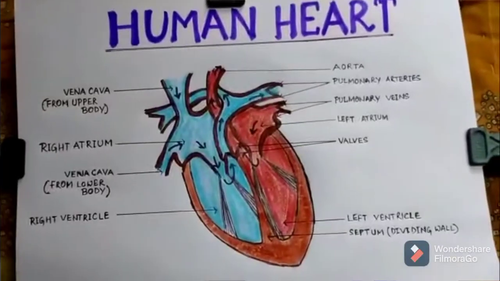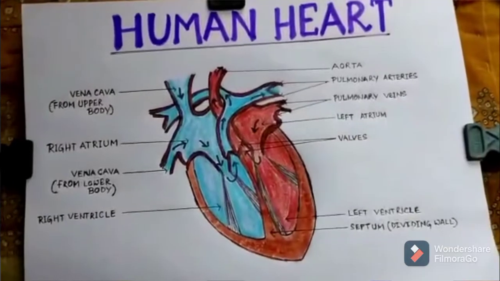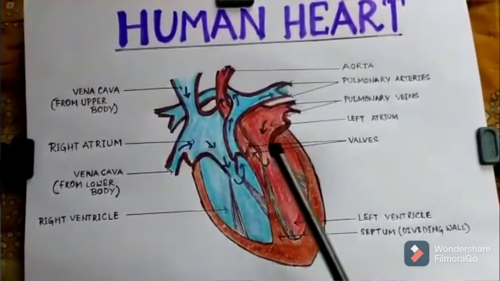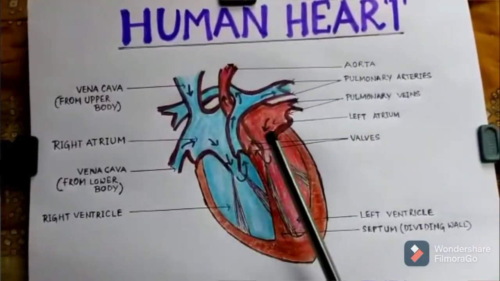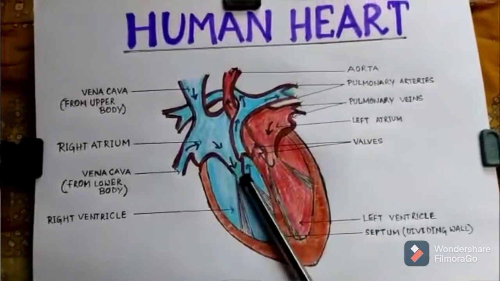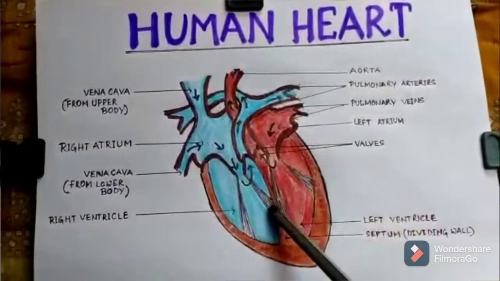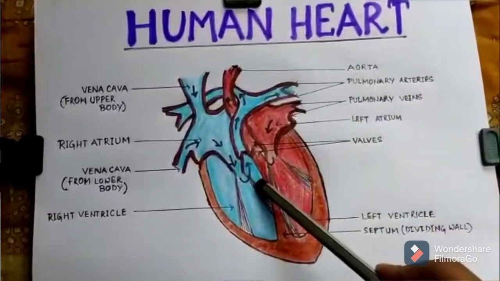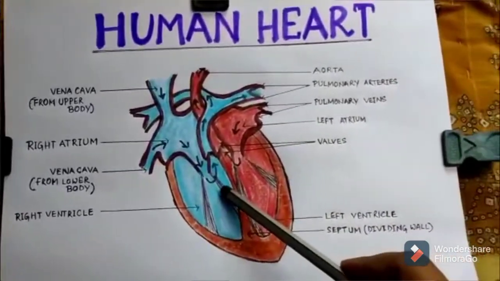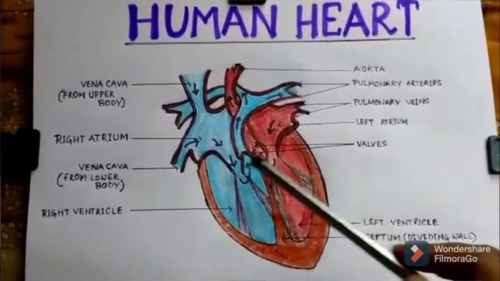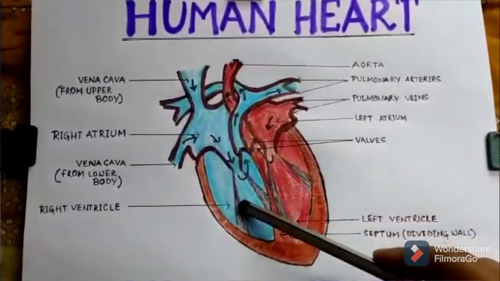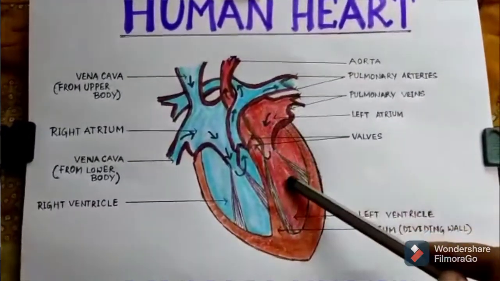Now let me explain the double circulation. Double means twice. Circulation means what will circulate or flow? The blood. Since the blood comes twice to the heart, it is known as double circulation. Which blood comes twice? The deoxygenated blood comes and the oxygenated blood also comes.